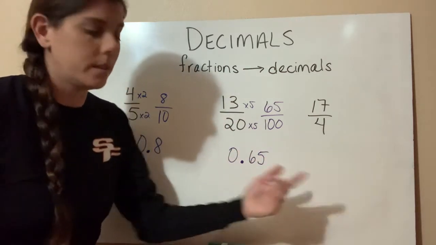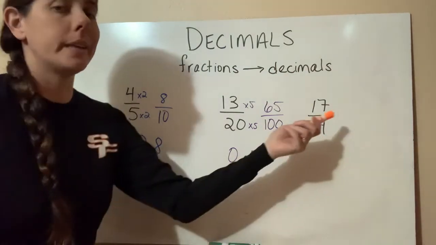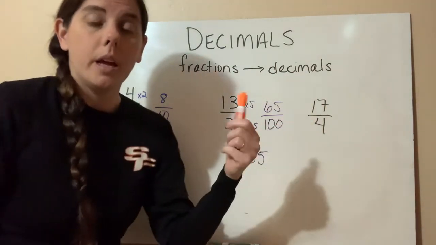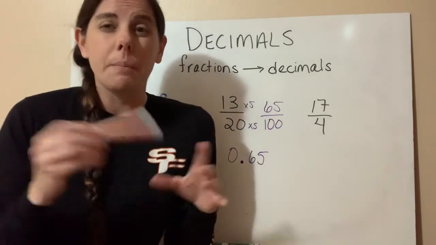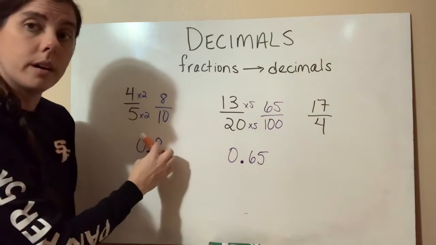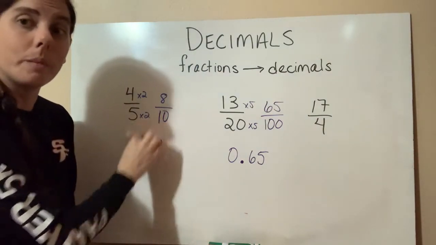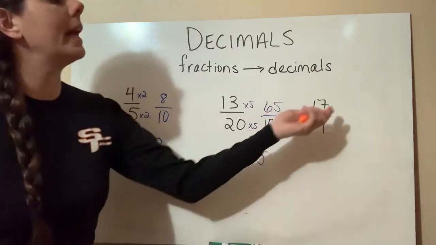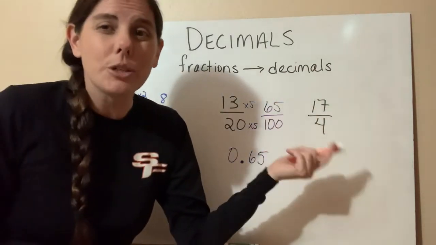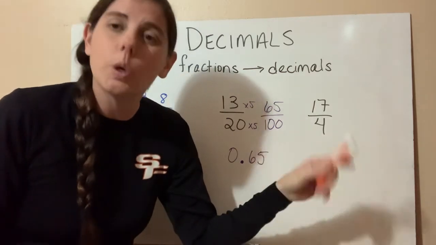Now our last one is a little bit different because it's an improper fraction. When we're dealing with decimals, an improper fraction just means that we're going to have a number to the left of the decimal, where the whole number is supposed to go. So in this case, it makes more sense to take this improper fraction and turn it into a mixed number.